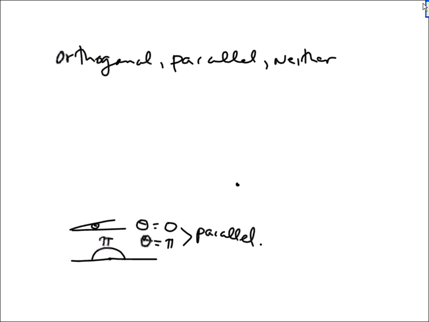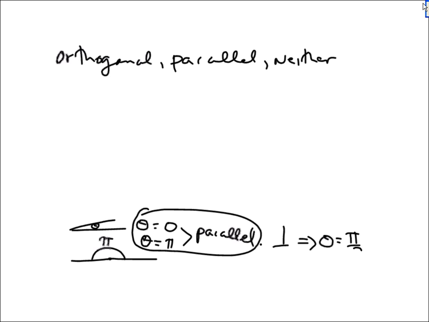If you have this vector going that way, and another vector right on top of it going the other way, they're still parallel, but the angle is 180 degrees. So if the angle is 0 or 180 degrees, they're parallel. Perpendicular implies the angle between them must be 90 degrees.